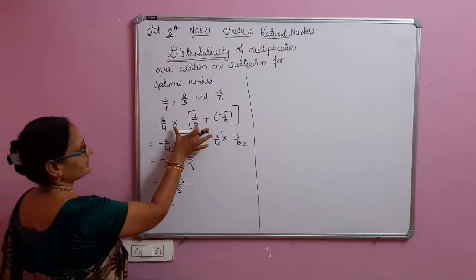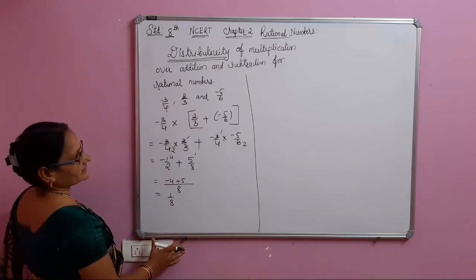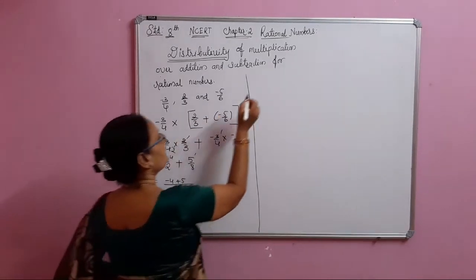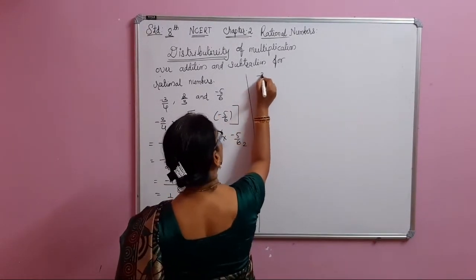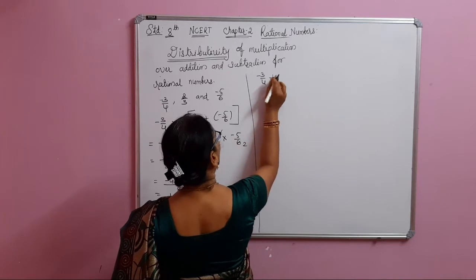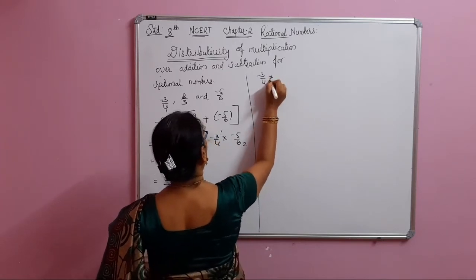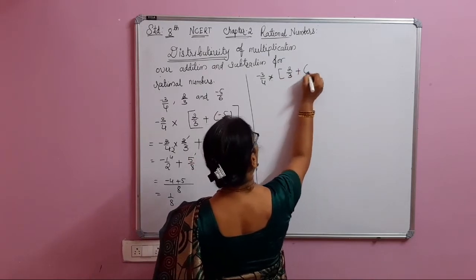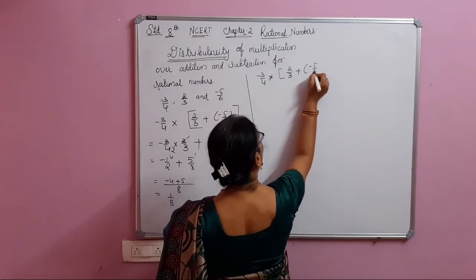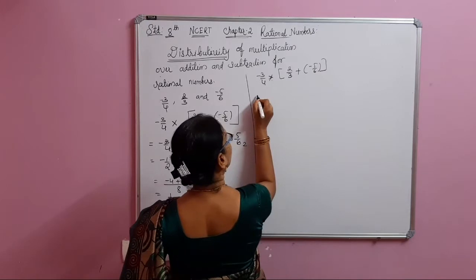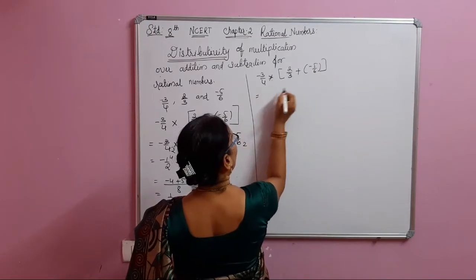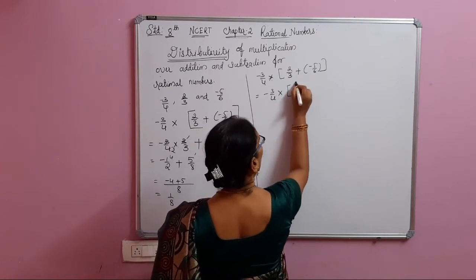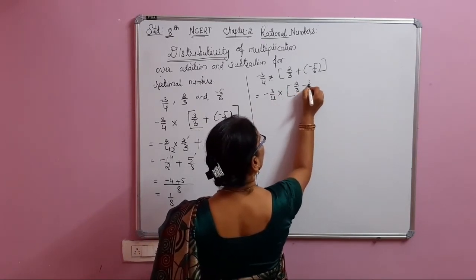Now what we have done, this is the LHS, and the same we can do for the RHS also. Minus 3 by 4 into (2 by 3 minus 5 by 6). Here directly we can do minus 3 by 4 into, inside, 2 by 3 minus 5 by 6.